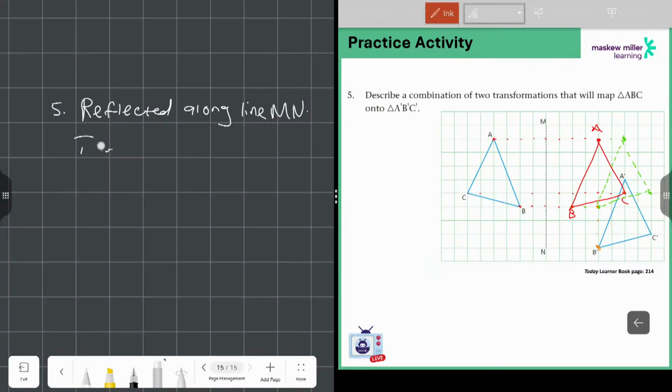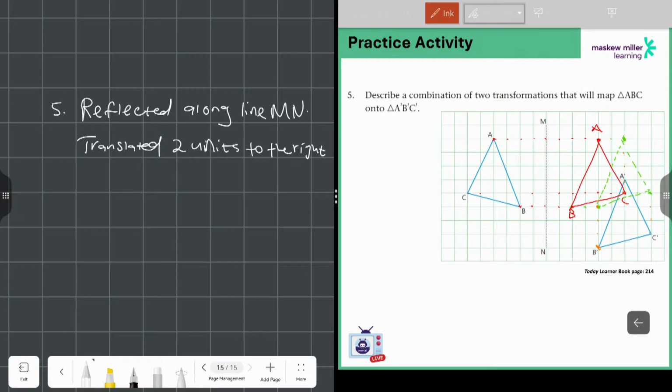We are saying we have translated 2 units to the right. That's our second thing. And then from there we are going to move how many units? 1, 2, 3 down.